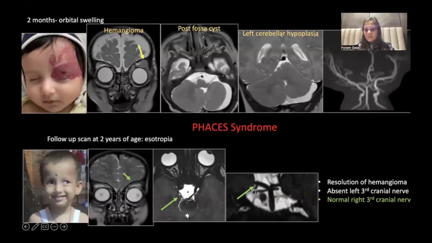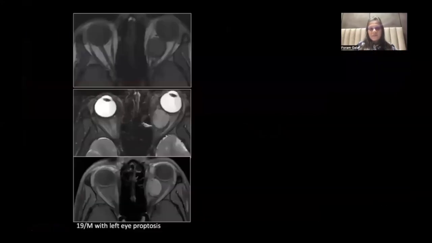So notice again the normal oculomotor nerve in between the PCA and superior cerebellar artery, whereas here on the left side, the cranial nerve is absent. So PHACES syndrome can be associated with congenital absence of cranial nerves.